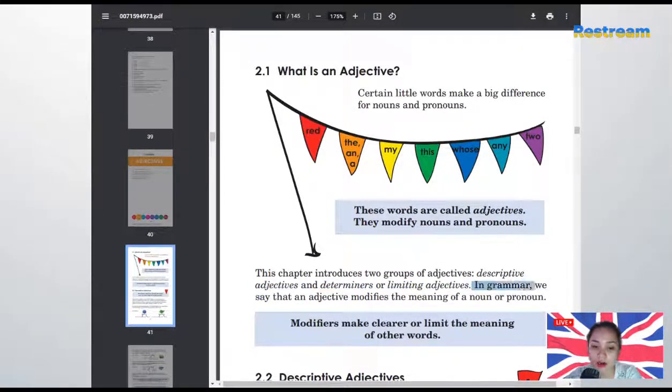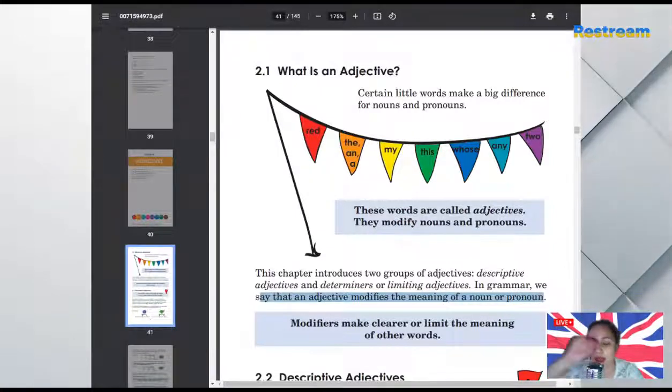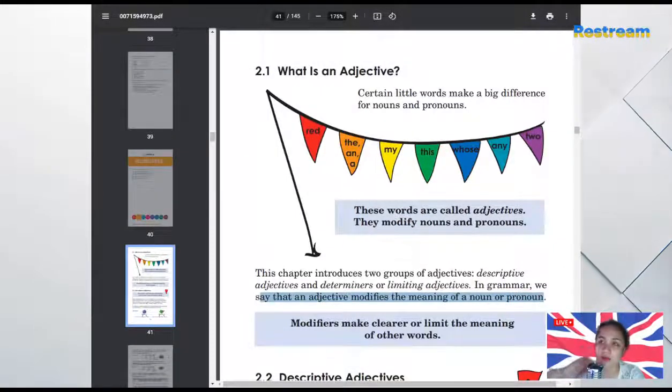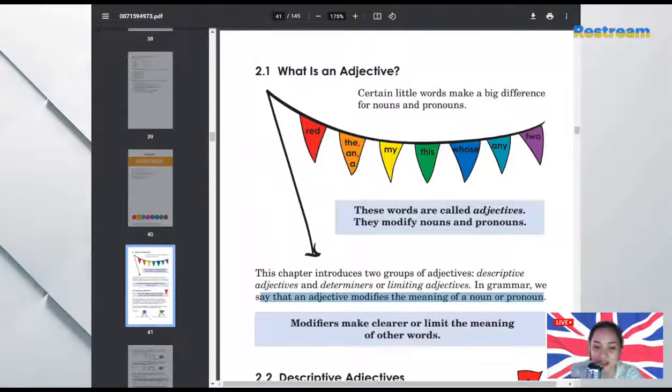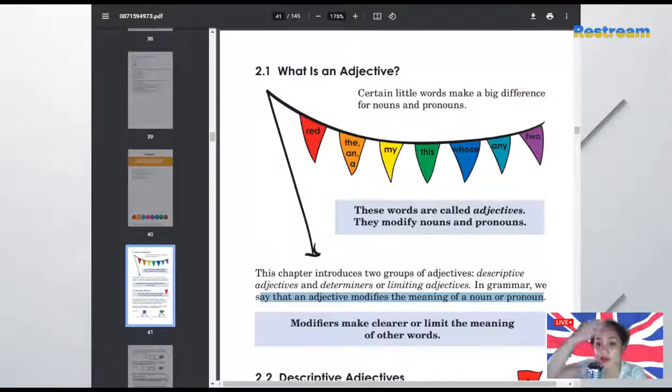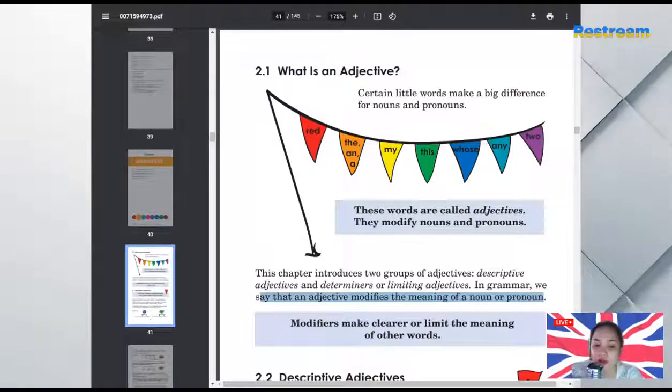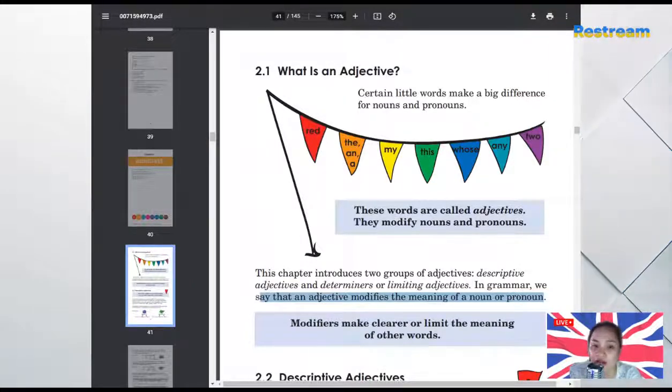In grammar, we say that an adjective modifies the meaning of a noun or a pronoun. We call it a modifier because it modifies the noun and the pronoun. Again, when we say modifies, it describes.